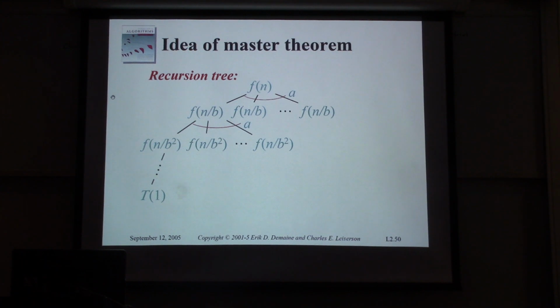Now, here comes the idea of the master theorem again. First of all, you understand that this is the actual work at level 0, whatever it is. Now a is our coefficient, so that means we have a branches of f of n over b. And then we have n over b squared, like this.